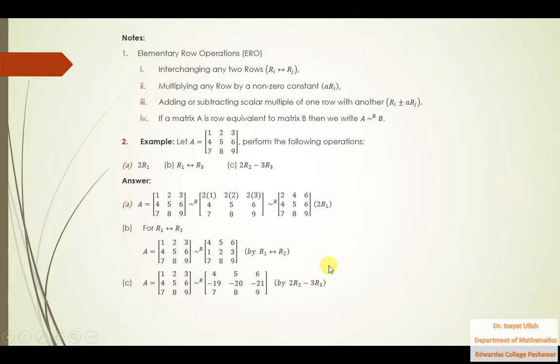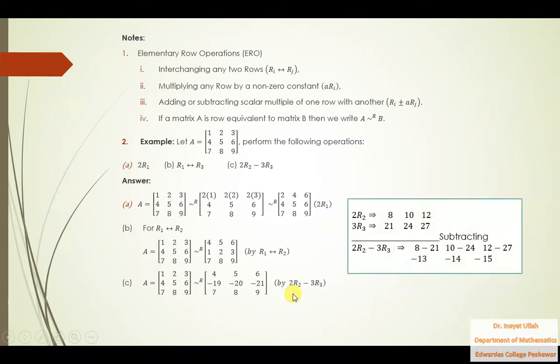Now how could we perform this operation? First of all, we need to multiply R2 by 2. This R2, 4, 5, 6 will be multiplied by 2. So 2 4s are 8, 2 5s are 10, 2 6s are 12.